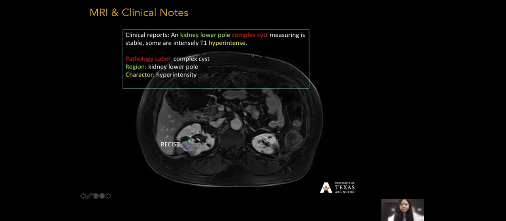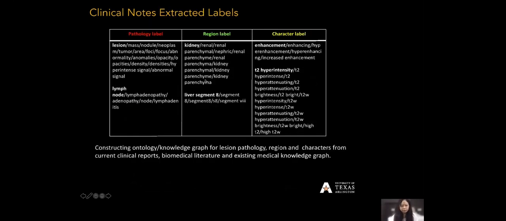And this is another case, where the pathology label is also complex cyst, the region is kidney in lower pole, and the character is hyperintensity.